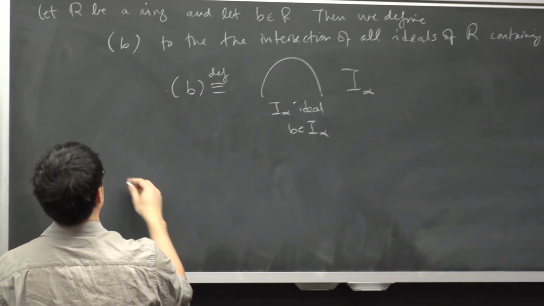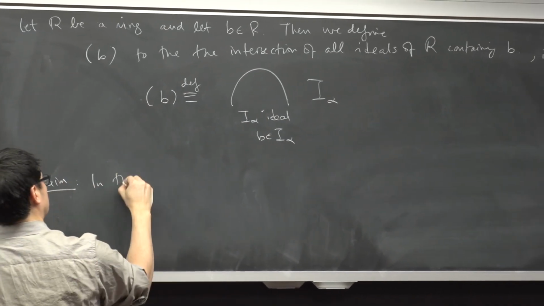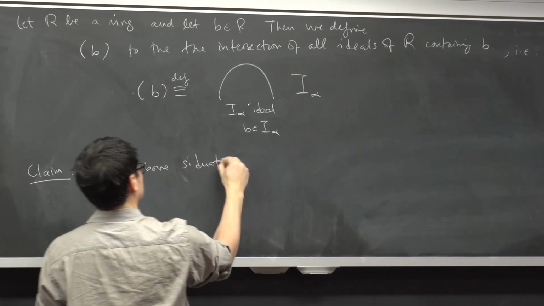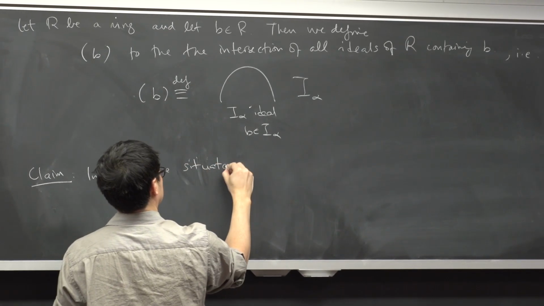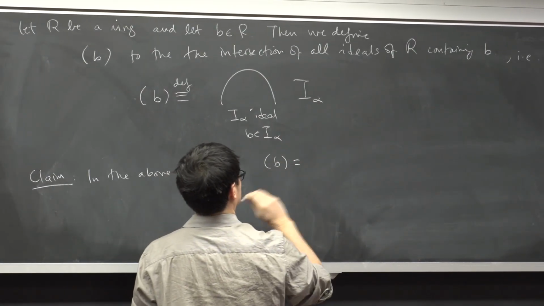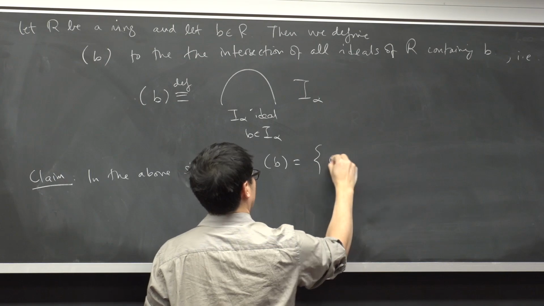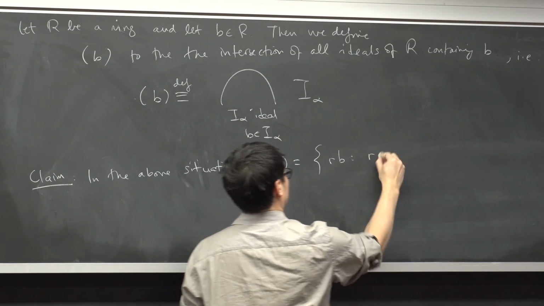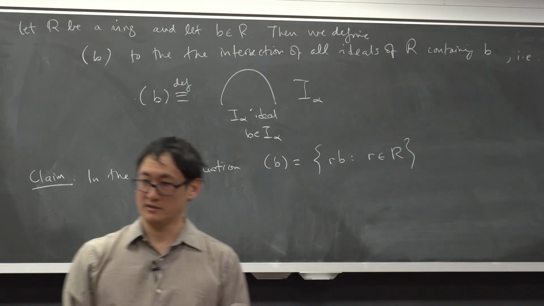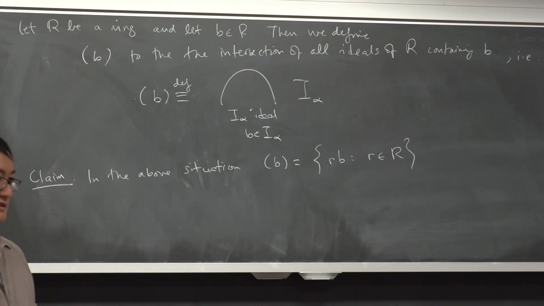Okay. So here's my claim. My claim is that in the above situation, (B) is equal to the set of all RB, where R lies in R. So all R multiples of B. Is that clear?